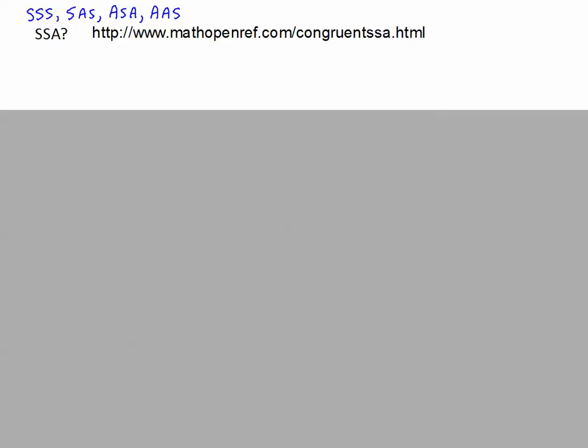Now let's go back to this picture for a moment, or SSA that I have here. So what I'm showing you is side congruent to side, second side congruent to second side, but instead of the angle being between like SAS, it's not between, it's after. So these are different: two sides and an angle, but where the angle is placed is very important.